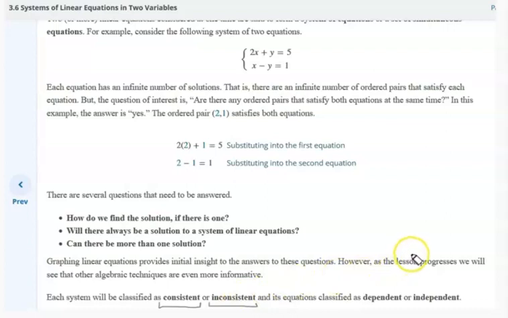Now, if the equations are the same, as we see in that third scenario where the lines were right on top of each other, we say the equations are dependent, and if the equations are different and the lines are, one's negative, one's positive, we say the equations are independent.